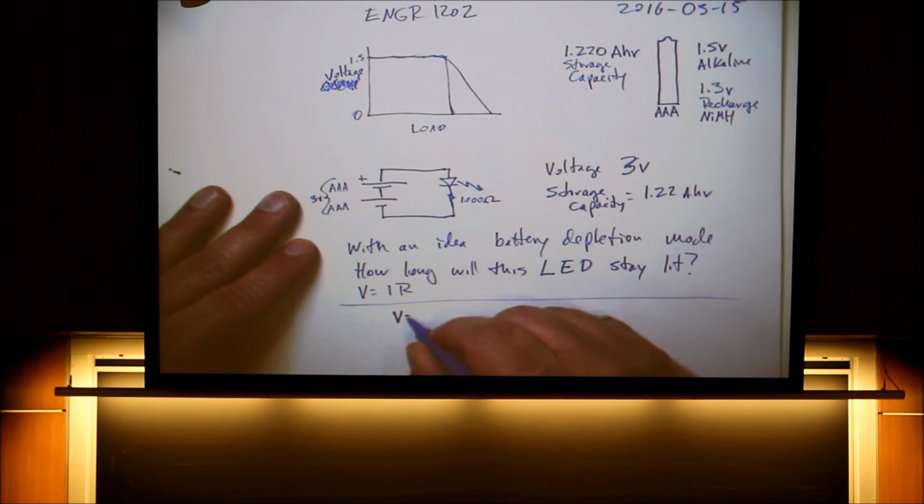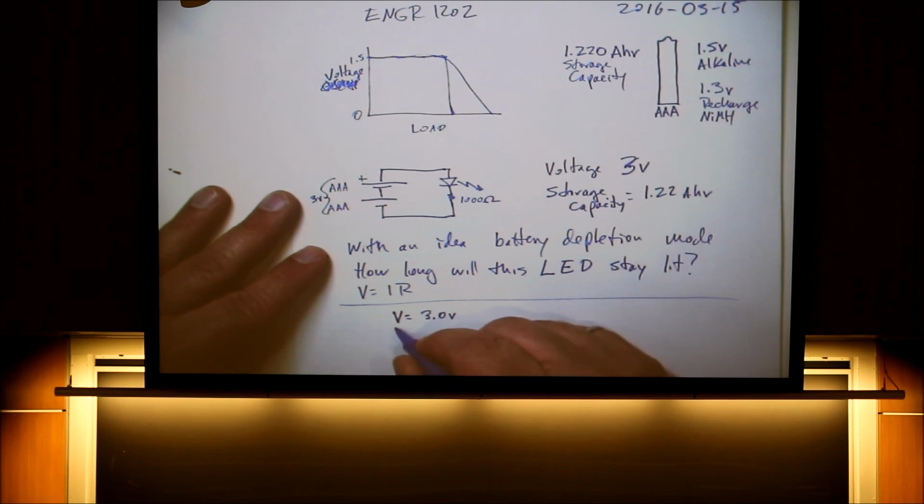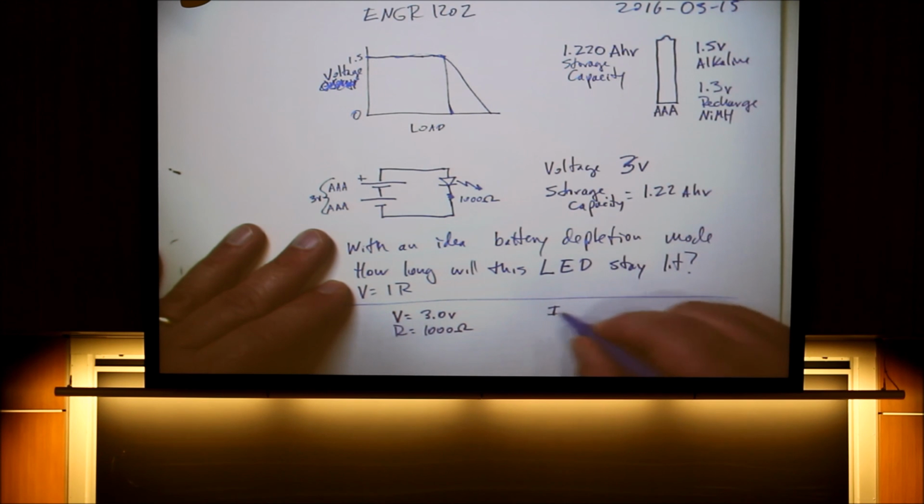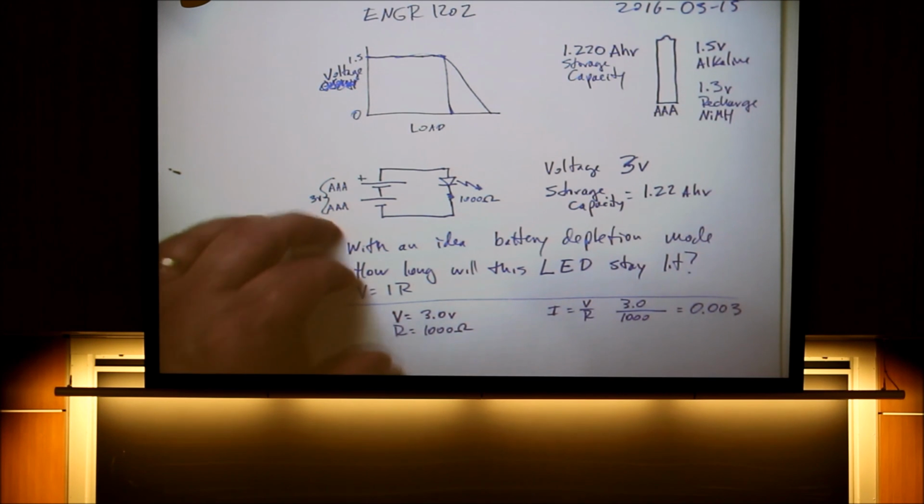So V is equal to 3.0 volts, right? And our resistance is going to be equal to 1,000 ohm. So using V equals IR, we're going to have I is equal to V over R, which is 3.0 over 1,000, which is 0.003. Is that correct?